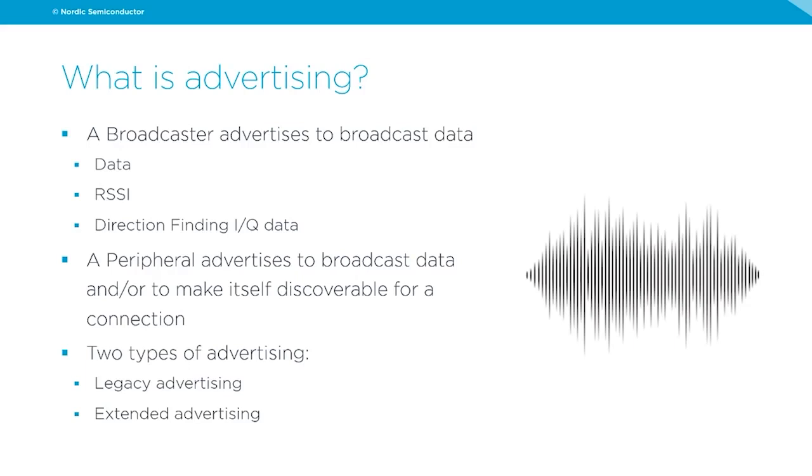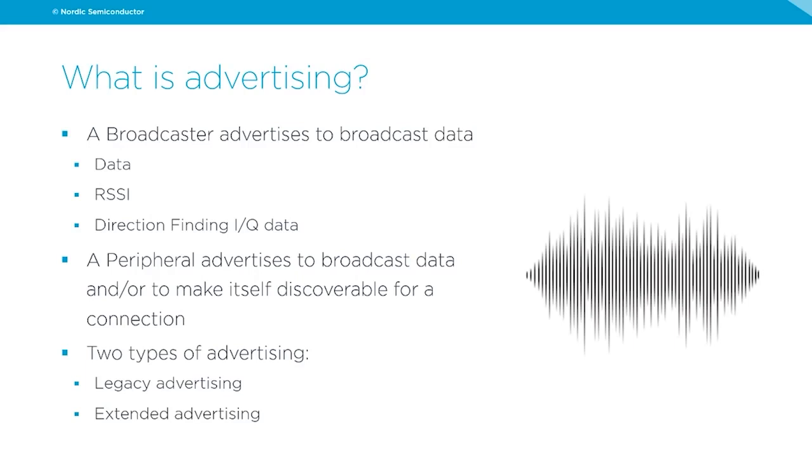The second use of the advertising packet is to allow the peripheral to advertise itself as a discoverable device so that the central device can establish a connection to the peripheral. So it's a very important part of Bluetooth Low Energy, where advertising is the way that you can establish a connection.